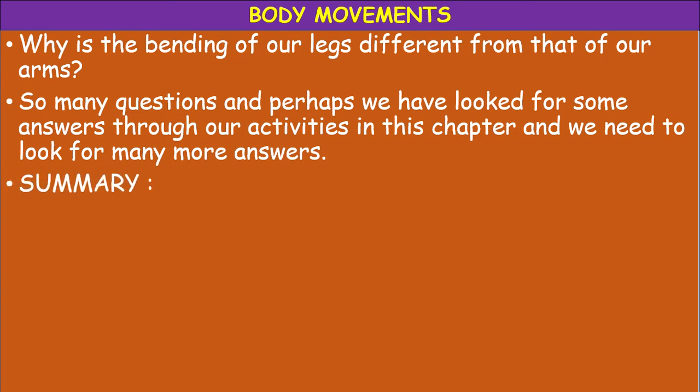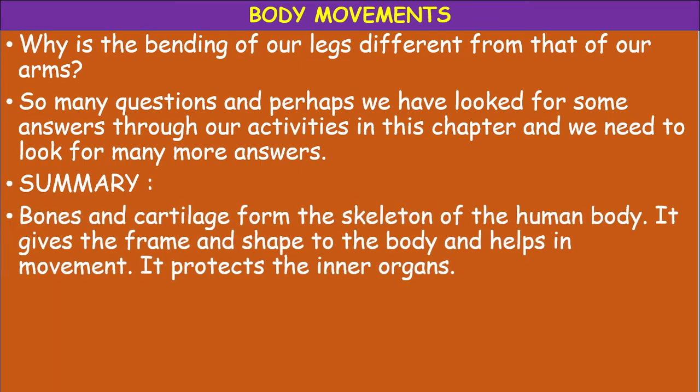Next, let us revise the entire chapter once again. Bones and cartilage form the skeleton of the human body. It gives the frame and shape to the body and helps in movement. The skeleton protects the inner organs. How does the skeleton protect the inner organs? Can you recall? Yes, the rib cage. In the thoracic cavity, the rib cage is present. The rib cage is a skeletal structure.